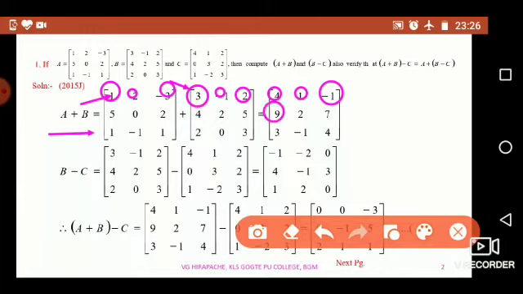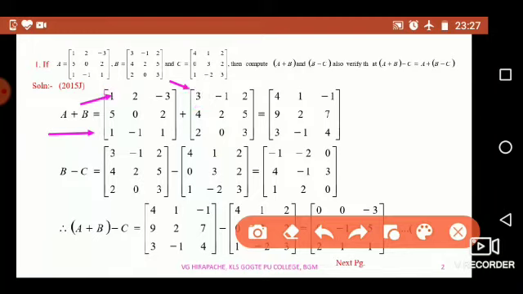It gives 9, 2 and 7. Likewise, we add the third row elements of both the matrices. We get 3, minus 1, 4. Therefore, this is the matrix A plus B, which contains the elements 4, 1, minus 1 in the first row, 9, 2, 7 in the second row, 3, minus 1, 4 in the third row.